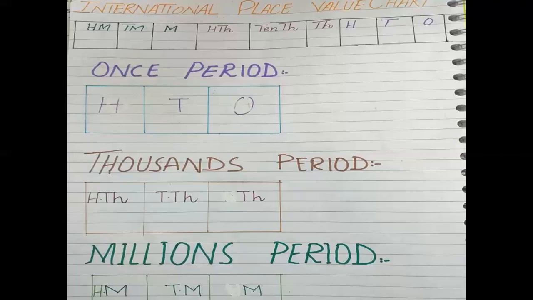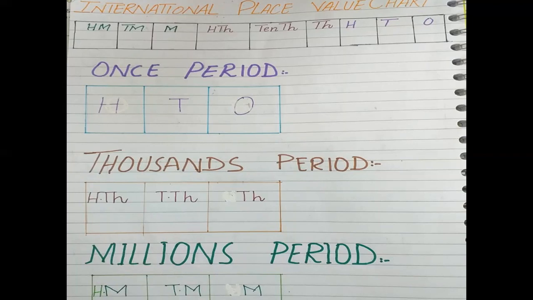Now you see on the screen the International Place Value Chart. Before starting this question, I want to explain this chart. The International Place Value Chart is a system used worldwide, known as the International Place Value System. In this system, every period has 3 places.